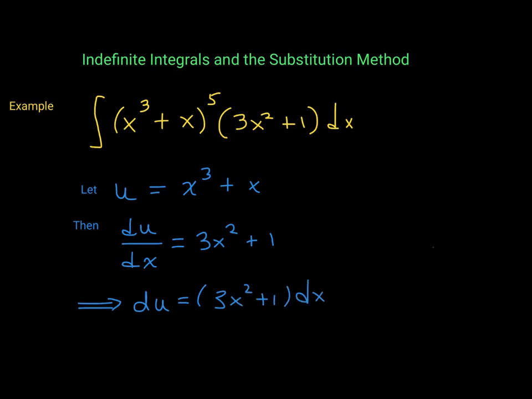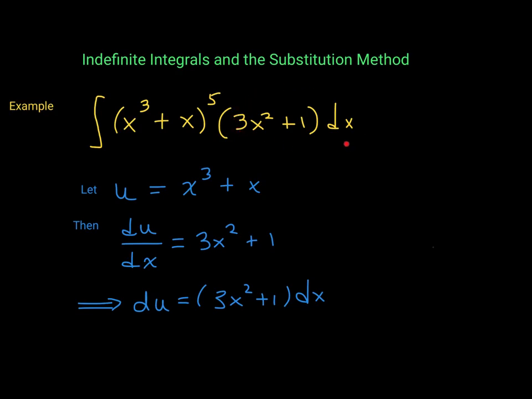So notice that when I make this substitution for u, then I get that du is equal to 3x squared plus 1 dx. That is to say, I get the second part of this that I can replace with du.